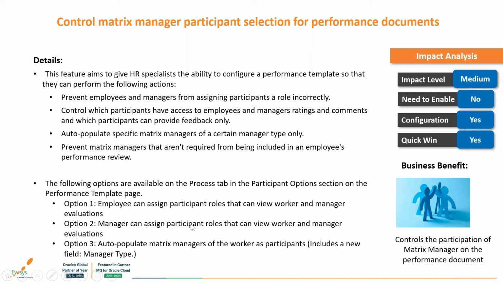So these are the options. If, as an HR specialist, you mark option 3 to auto-populate metrics managers of the workers as participants and you select a particular manager type, then that manager type will be considered as a participant for that worker. The business benefit of this feature is that it controls the participation of metrics managers on the performance document.